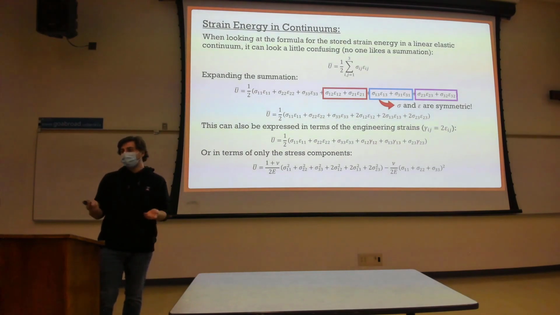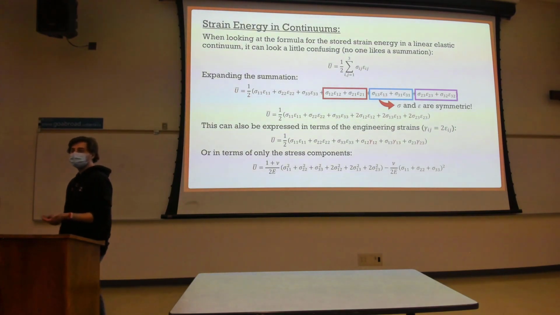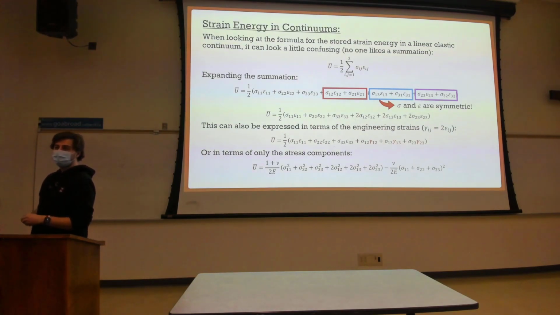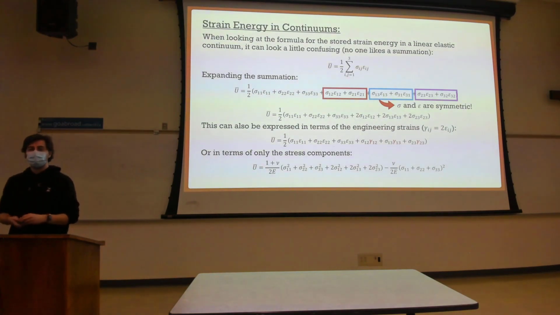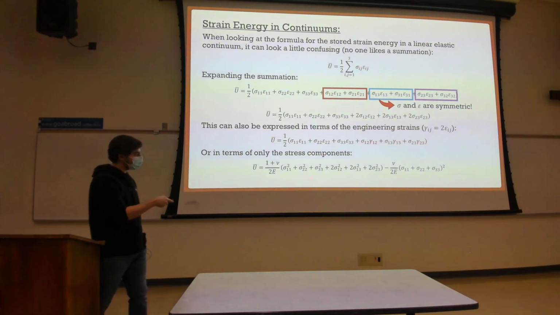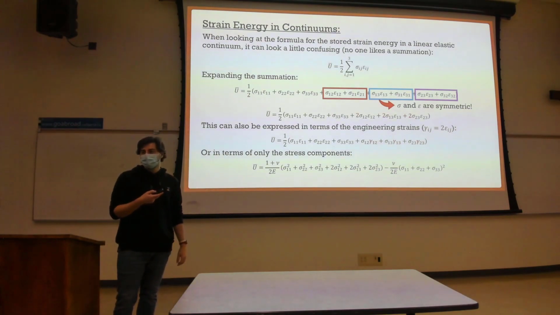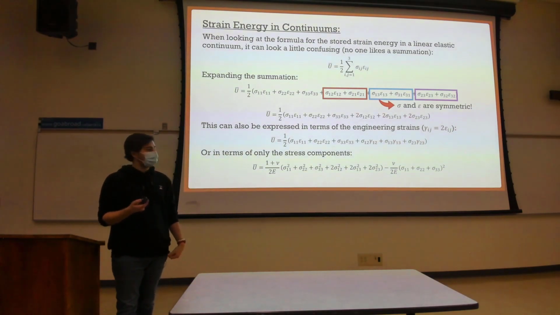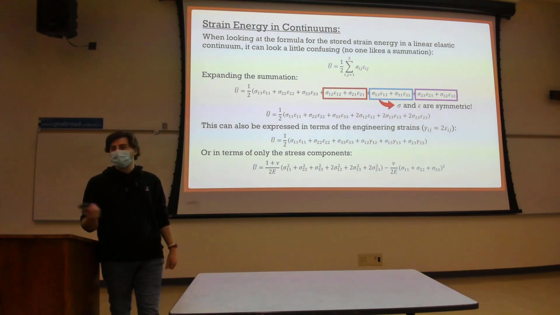But here's where the fun begins. If I know the stress components, do I know the von Mises stress? So could I ask you guys to express this in terms of von Mises stress? Could I ask you guys to express this just in terms of strain? Yes. Could I ask you guys to express this in terms of a bulk modulus? Yes.